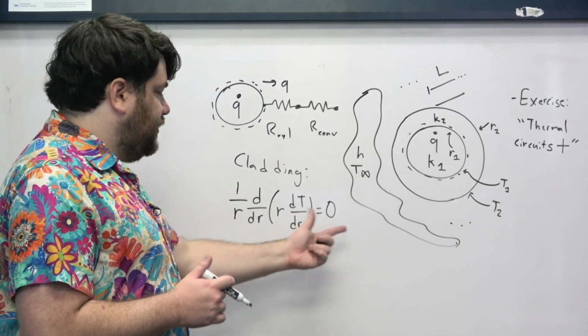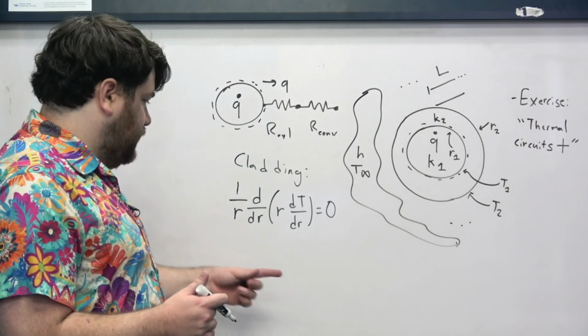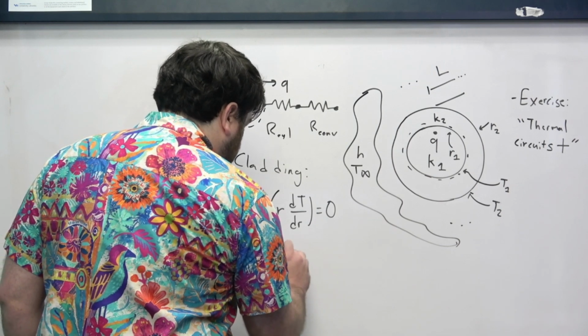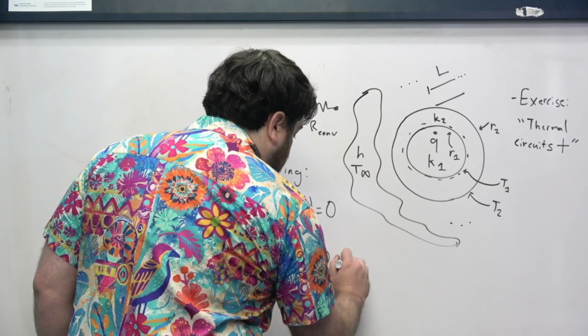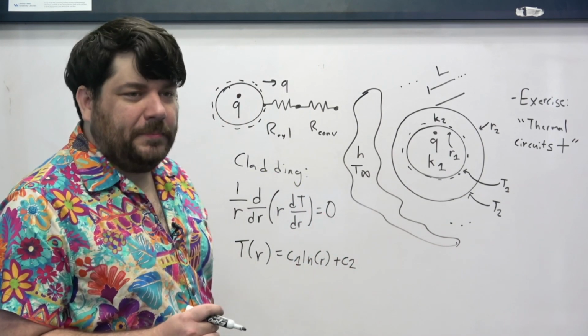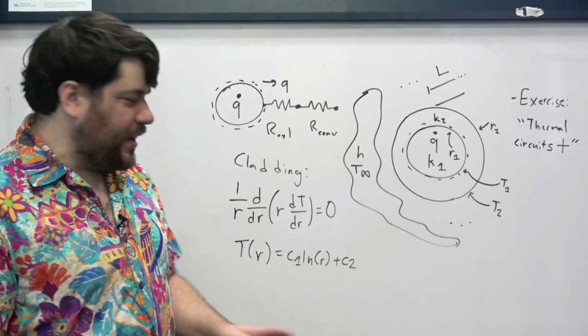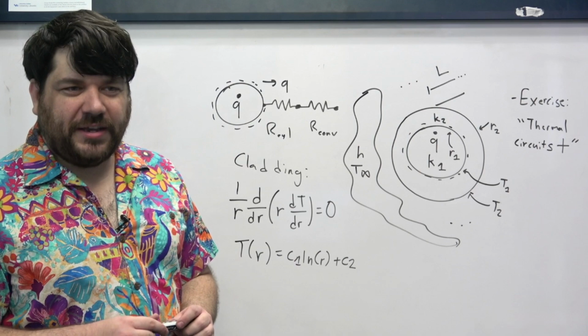So we have this expression. We already saw what happened when we integrated this, which is that eventually we get to the point where the general solution to this is C1 times the logarithm of r plus C2. Now we don't have to get too deep into trying to figure out what C1 and C2 are. We already found expressions for them in previous lectures.